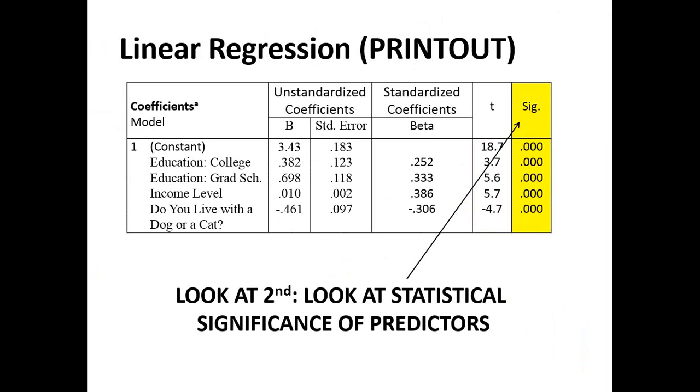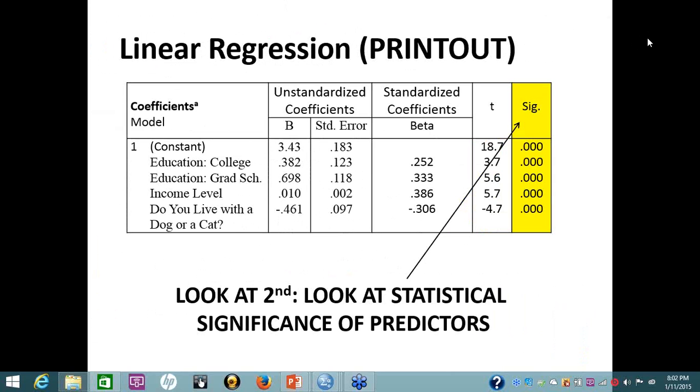If the model is statistically significant, but there are no significant predictors, that really doesn't tell us much. So you look at the last column, which also says SIG, and you can see at the end of each predictor, there's a p-value. You can see for this model, all of them are statistically significant, so all the variables are significantly related to happiness.